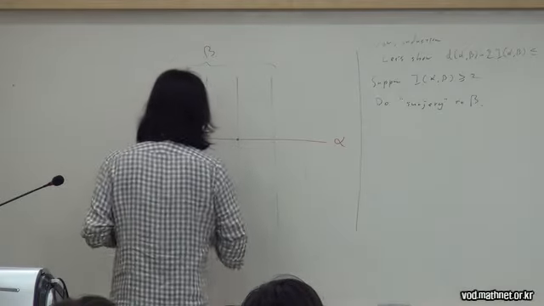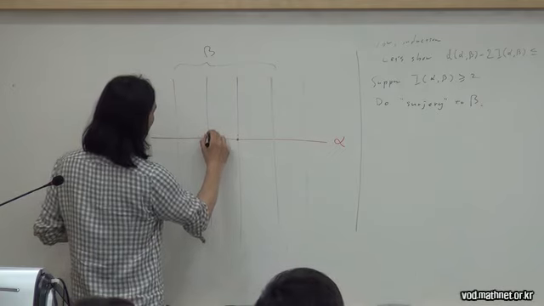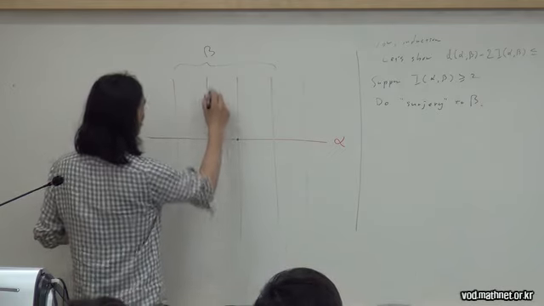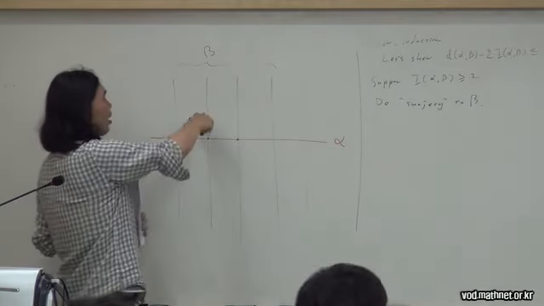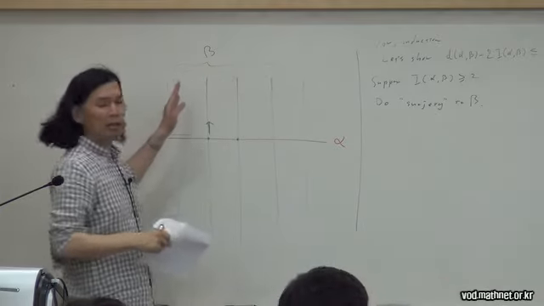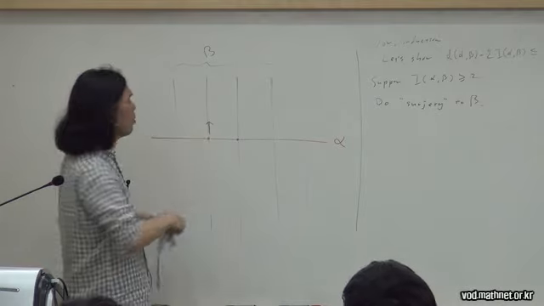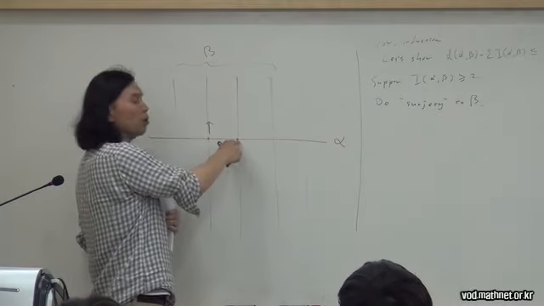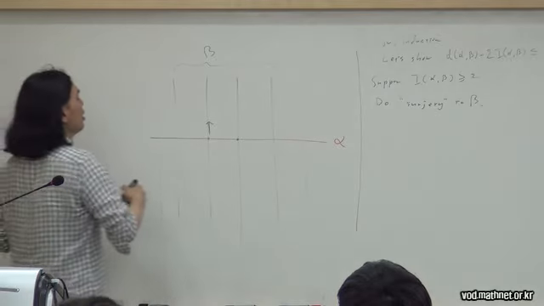Then I start moving off, say in this direction, on beta from here. Okay, and I move along beta. So beta is a simple closed curve. Eventually it has to come back to here, but of course before that you have to pass through this point because it's on beta, right?